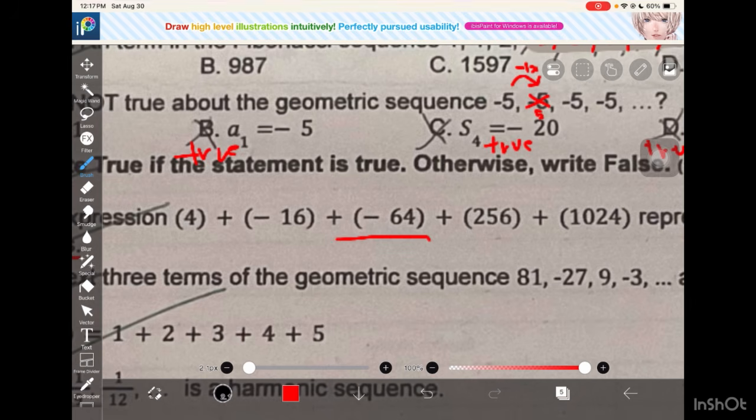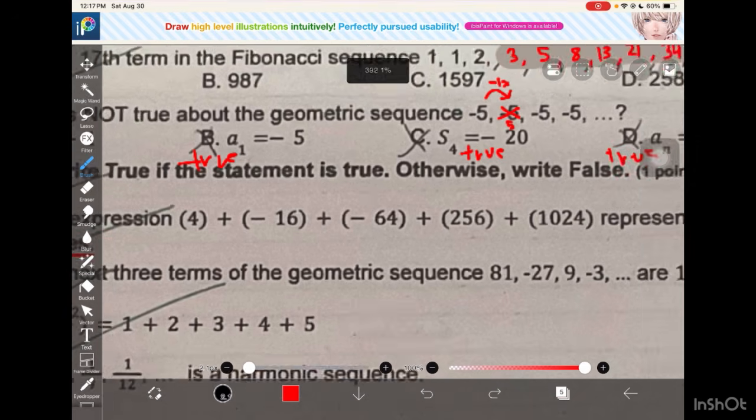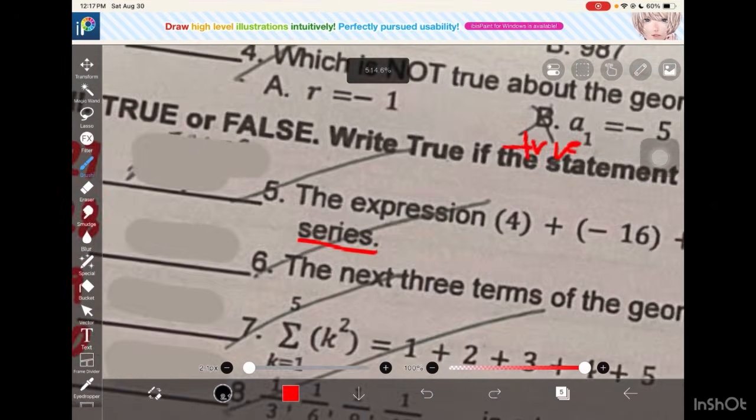But since we have two consecutive negative terms and then some random positives, this cannot be a geometric series. Therefore, it's false.